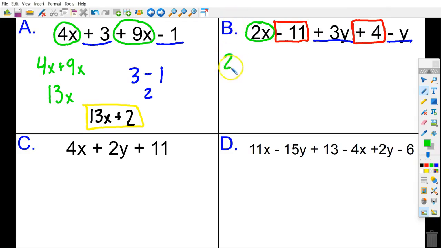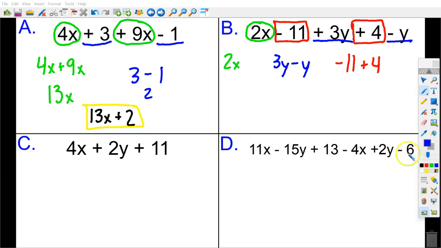I've got 2x, and that's all I've got for x's, so I can move on to the y's. I've got a positive 3y minus y. And is that any y's? Yes, it's 1y. We don't need to put the 1 there. There's 1y right there. We know it. The 1 is imaginary. Okay? Now let's work on negative 11 plus 4.